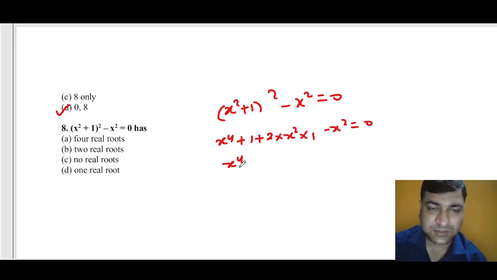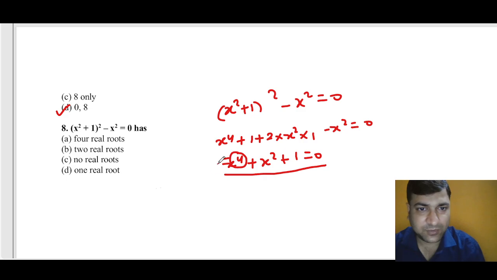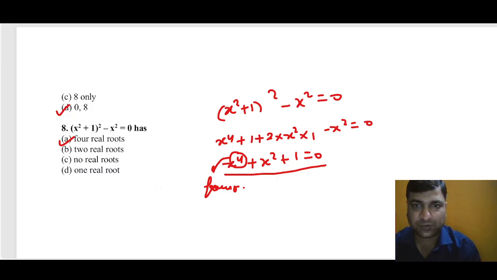By solving this equation, 2x square minus x square, that is also plus x square plus 1 equal to 0. So the maximum power is 4. So how many roots? 4 roots exist. So 4 real roots exist. So that is the total solution of these MCQ questions. Thank you.